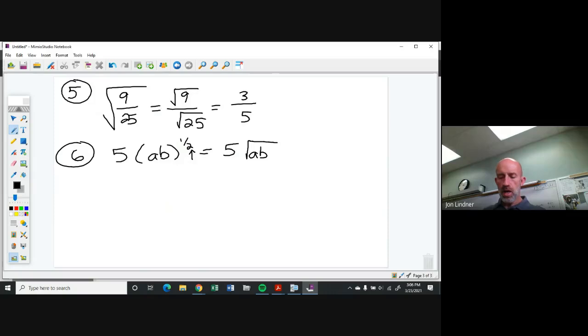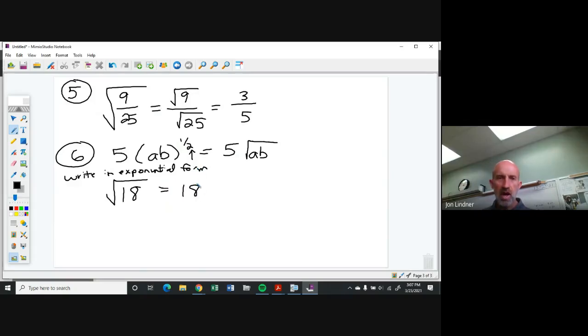Just wrapping up here, a reminder about what is exponential form and what is radical form. If they give you the square root of 18 and say write it in exponential form, well, that means write it with an exponent.